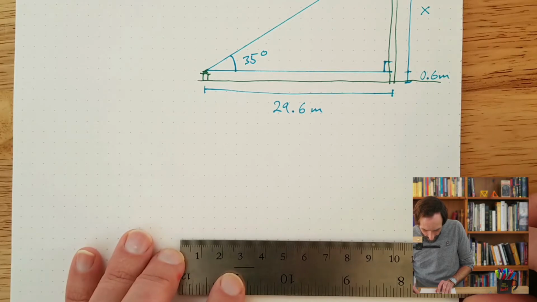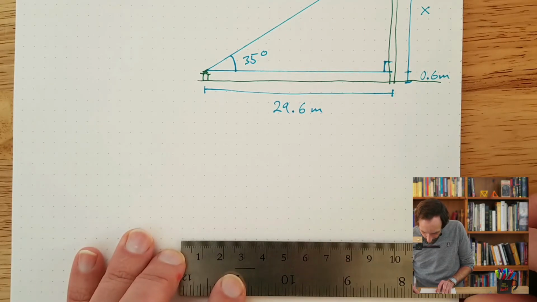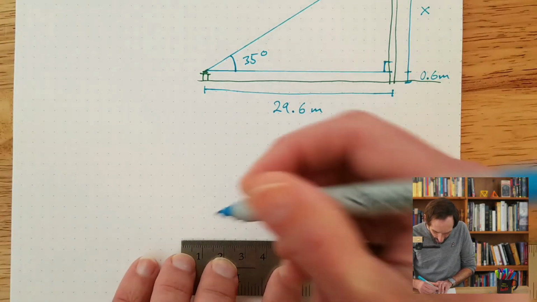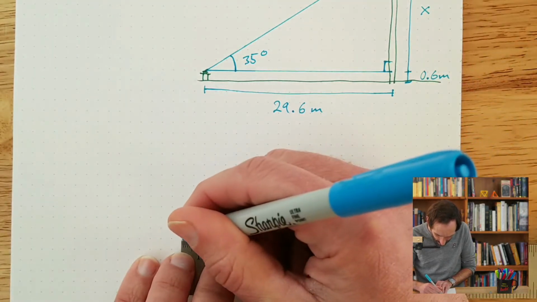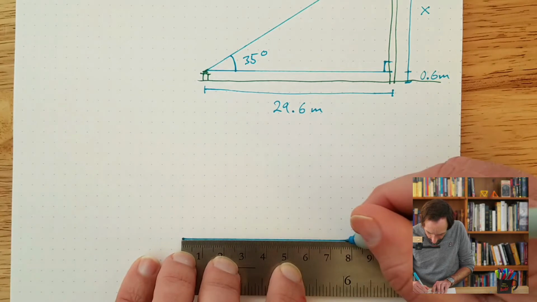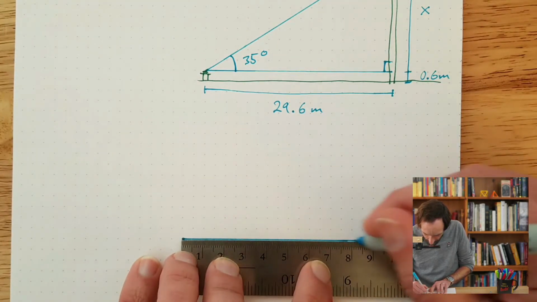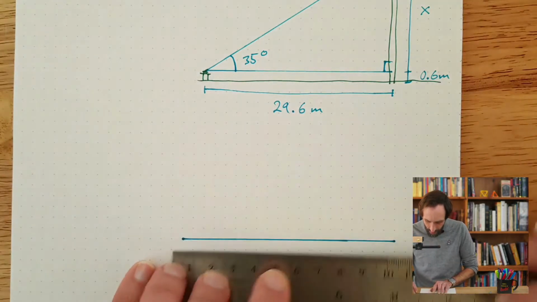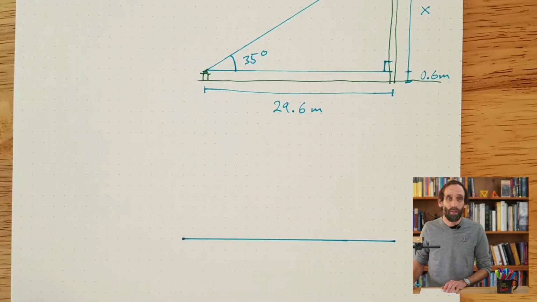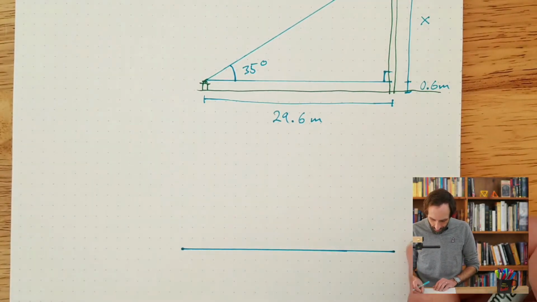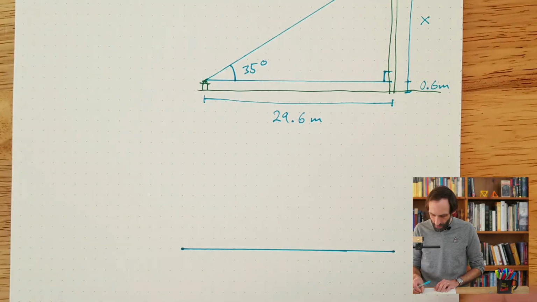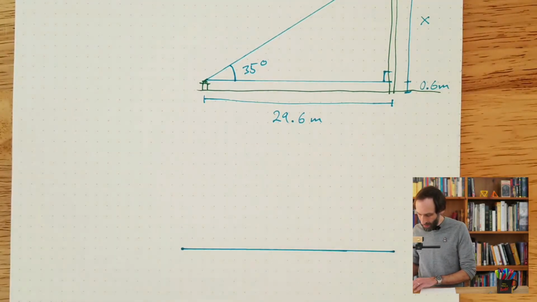I'm going to give myself a little space here. So I'll draw a triangle. First, I'll draw the base of the triangle. I'm going to draw the base as 10 centimeters long. Okay, so here we go. I got 10 centimeters. Now I want to draw a perpendicular to that 10 centimeter line.